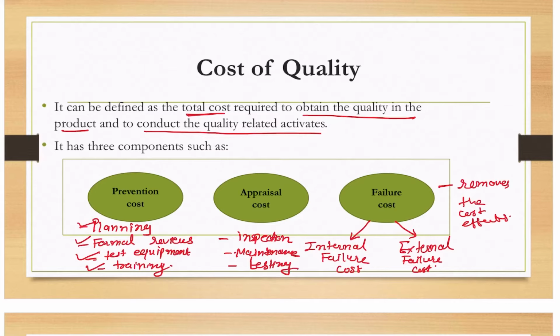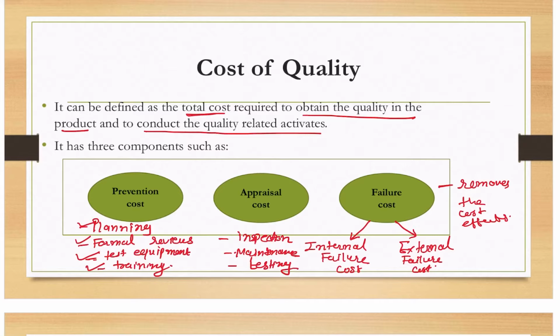It may be of two types, internal failure cost or external failure cost. Internal failure cost is nothing but the cost of defects occurring in the product before delivering it to the customer. For example, repairing of a communication network, like this.